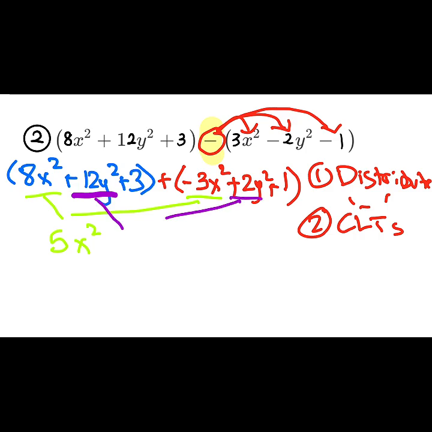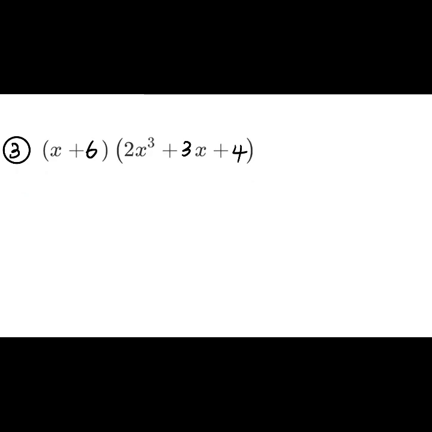Well, those are both y squared terms, so we can combine them. Well, that's 14y squared. And finally, we have our two constants here. We can combine them because they have no letter. So 3 and 1. Well, that's pretty easy math. 4. There's our final answer. Hooray. All right, let's go into our next problem.